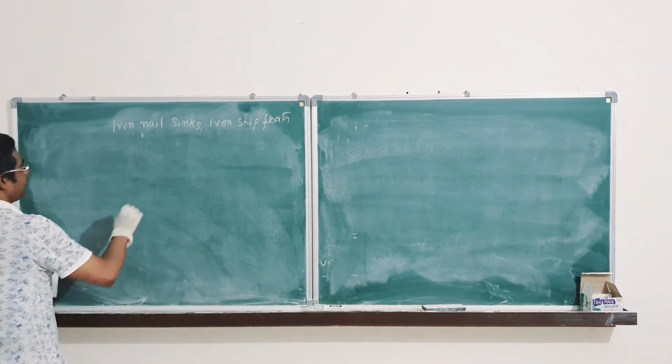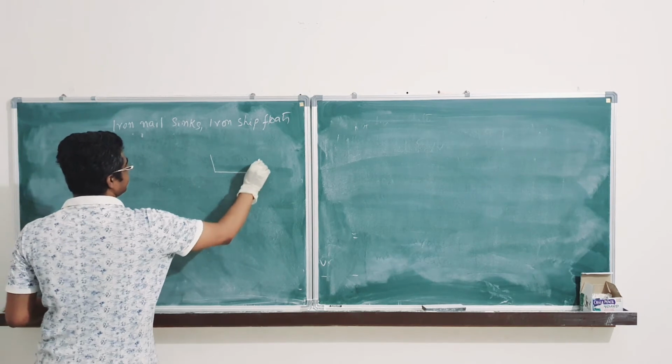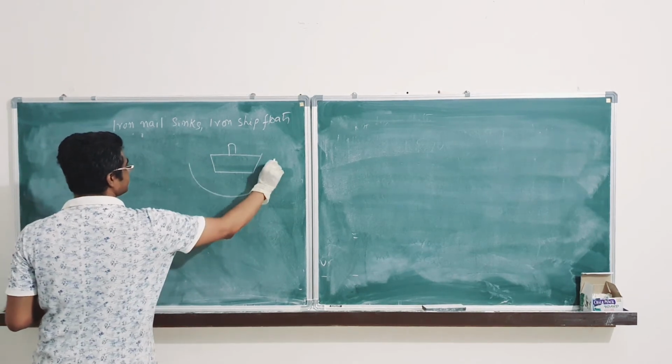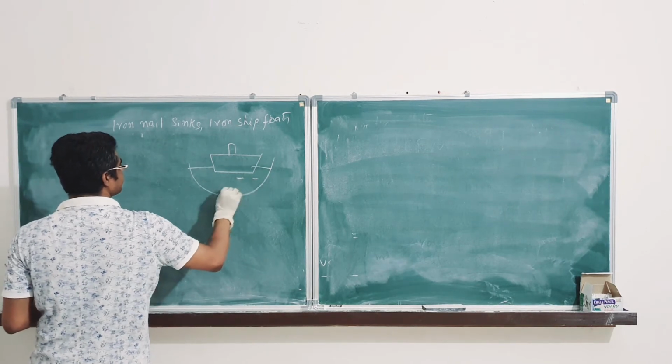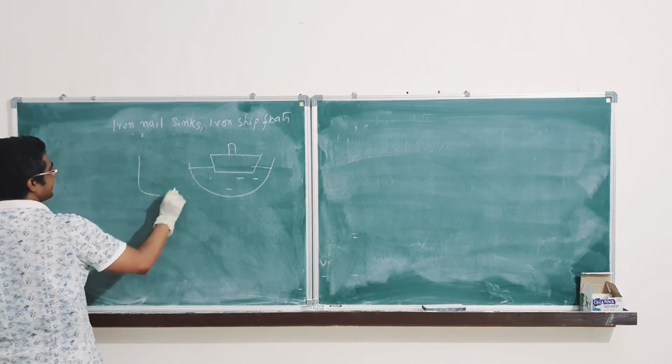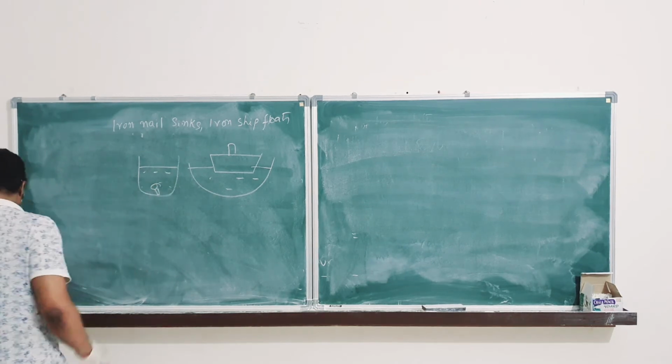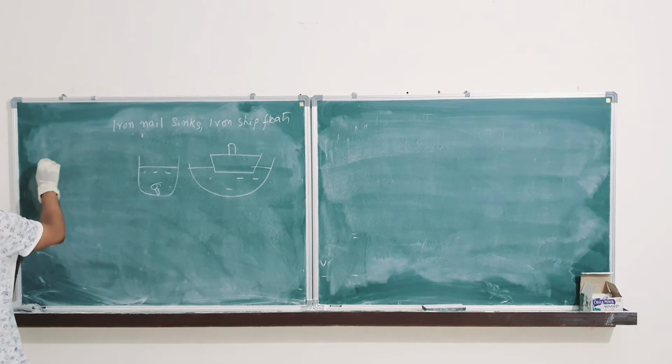So first of all, here is a ship which is in water, and here is a nail which is also in water. Clear? So what is the law of flotation?